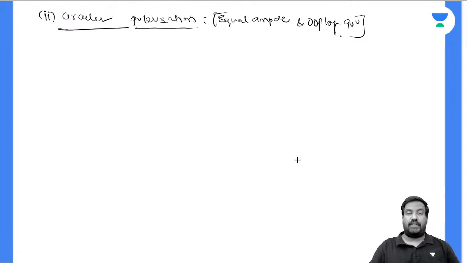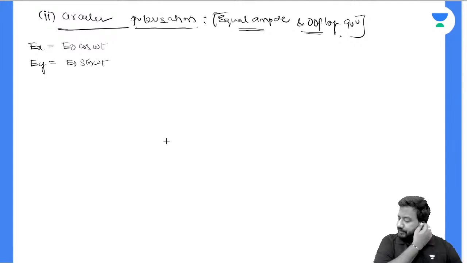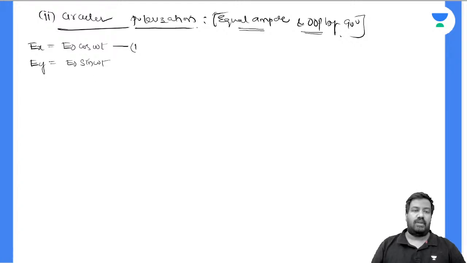Do it here for circular polarization. Ex is E naught cos omega t, Ey is E naught sin omega t. Out of phase by 90, therefore this is cos and this is sin.